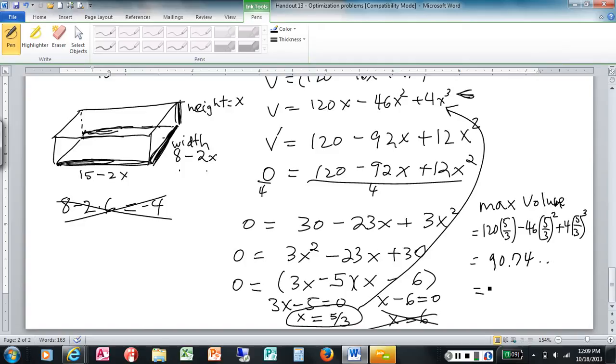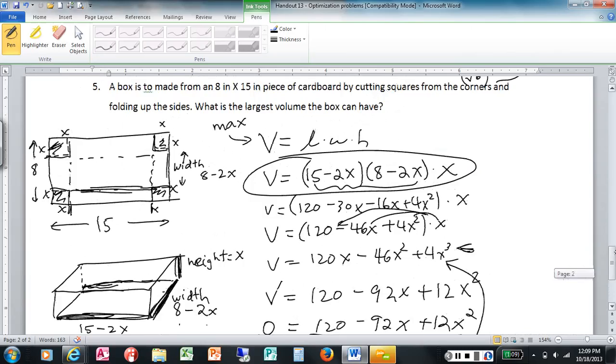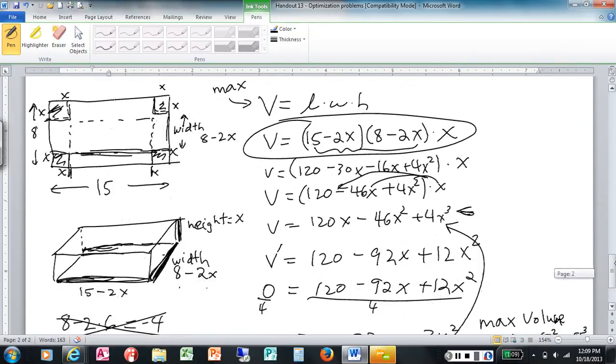Change that to a fraction. 2,450 over 27, or 90.74. Cubic inches, yes.